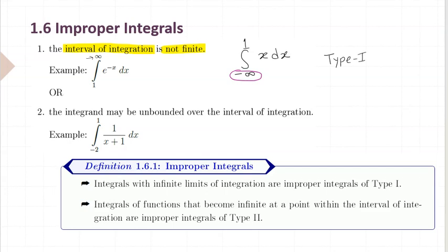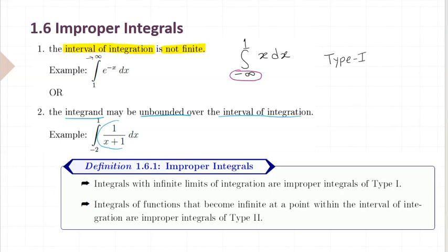What is the other type of integrals that we call improper integral? The integral where the integrand, the function that you are integrating, is unbounded over the given interval of integration. For instance, take this example: integral from minus 2 to 1 of 1 over x plus 1 dx.